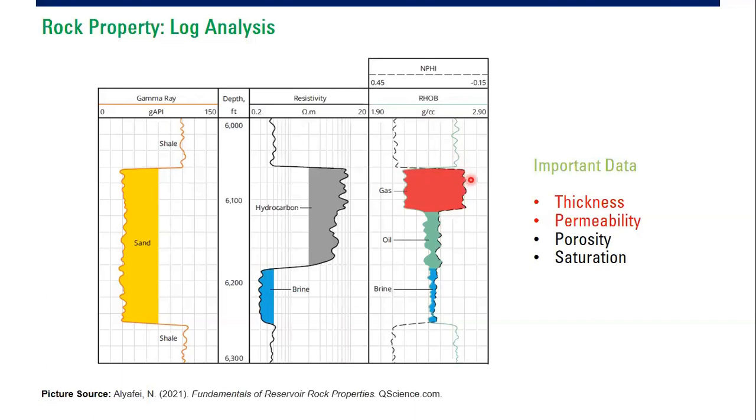And let's say after we interpret this log together with our friends petrophysicists, we can know that our gas zone is this thick, and the thickness of our oil reservoir is this thick. And of course, below this oil reservoir is the brine zone.